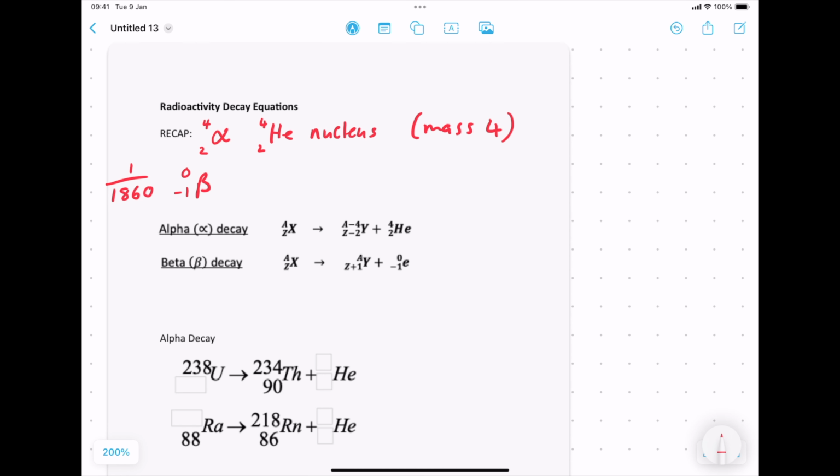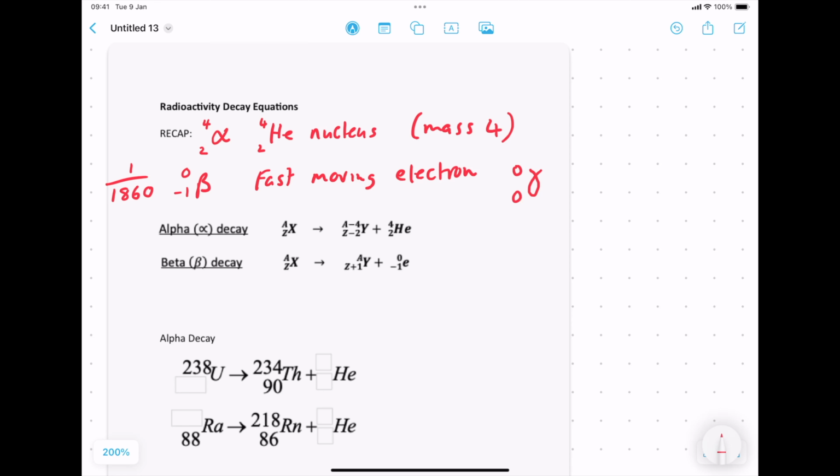And then finally is gamma radiation. So gamma rays are electromagnetic waves, and for the purposes of these simplified decay equations, they have 0 mass and 0 charge. So when a radioactive isotope decays and gamma is emitted, if it's just gamma, the nucleus will not be affected in terms of the numbers.